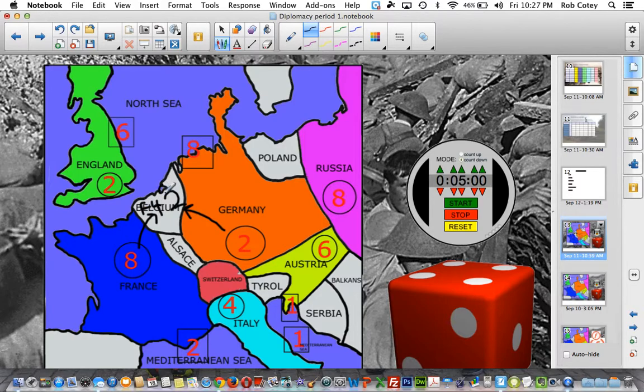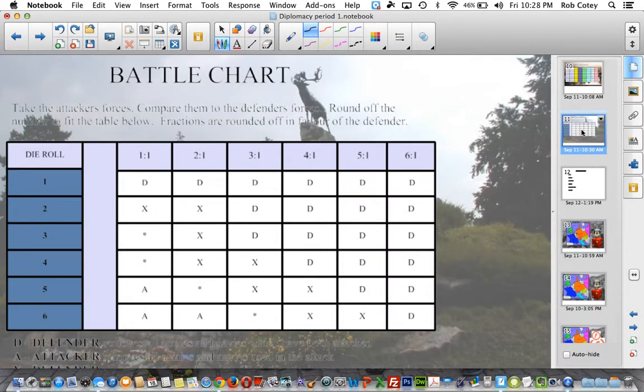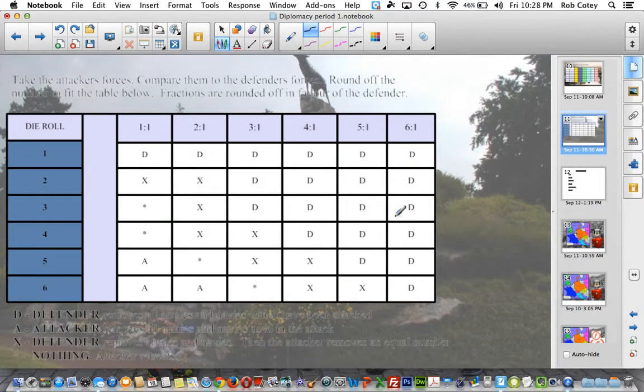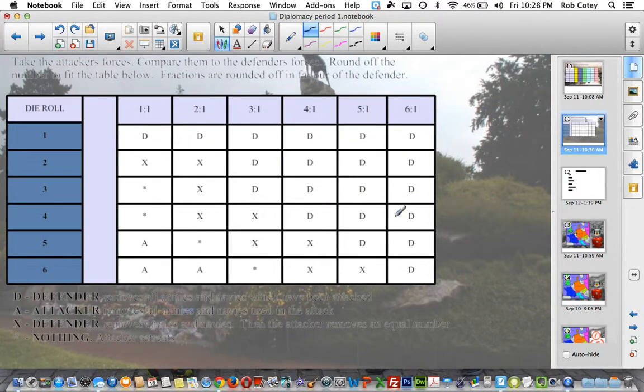Now, why this works well is the students know the odds and the averages because before we start anything, we show them this screen, which tells them what the battle chart is. In a 2-to-1 ratio, in this case, what it would mean for our students is that in the event of a 1, the defender removes all their armies.